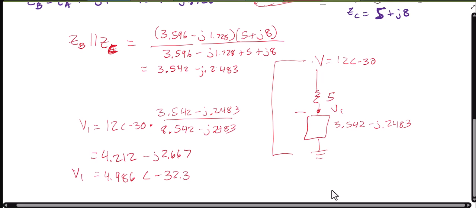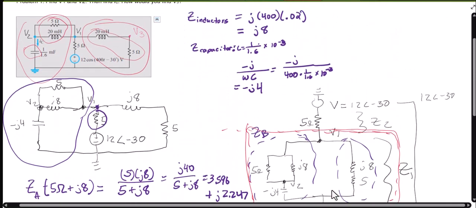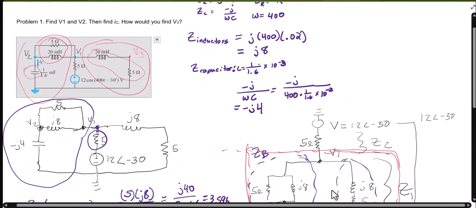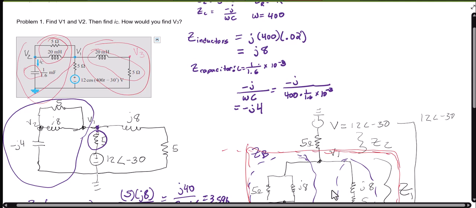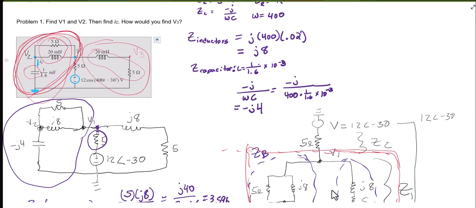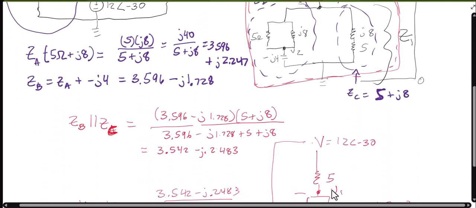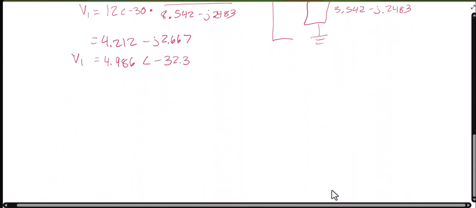Now let me go back and look at my circuit and see what else I was supposed to find on this. I was also supposed to find V2. So to do voltage division on V2, instead of using the whole circuit, I'm going to want to use just this part of the circuit, because I know what V1 is now. If I look at just that part of the circuit, then the top is V1, which is 4.986 angle -32.3 degrees.